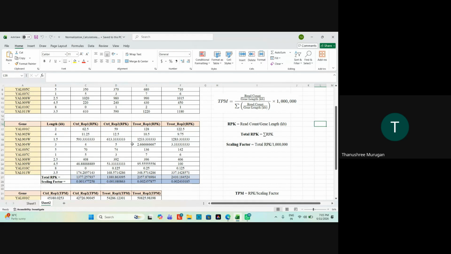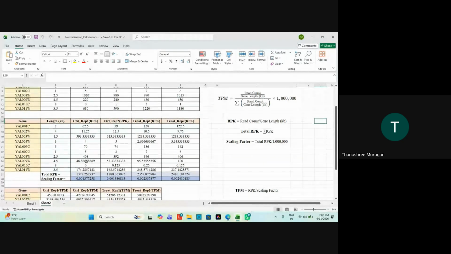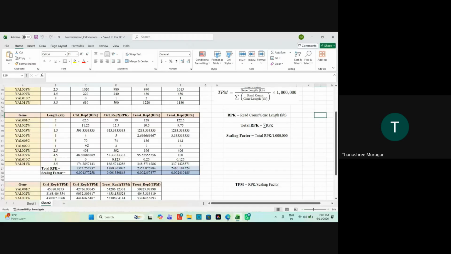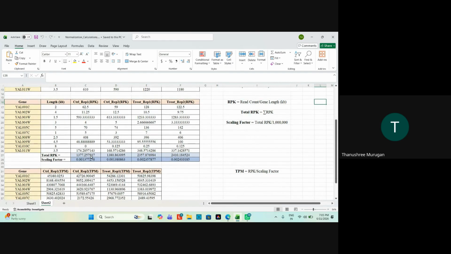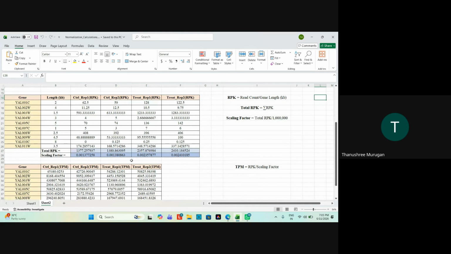Then, after calculating these RPK values for all genes, I summed all these RPK values within each sample to obtain the total RPK. Then I calculated the scaling factors using this scaling formula. For this, I used this total RPK value and then I divided it by 1 million. Then I got the scaling factor result.